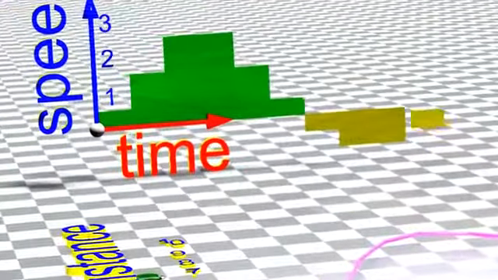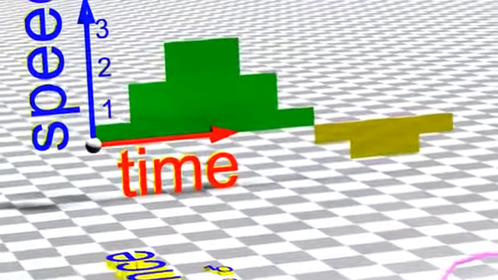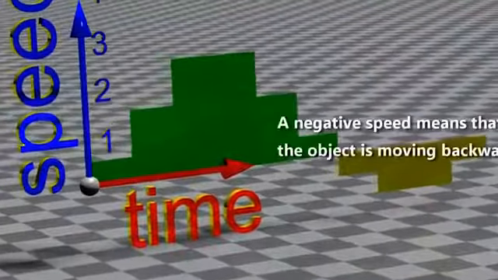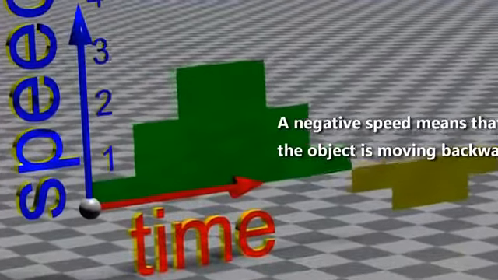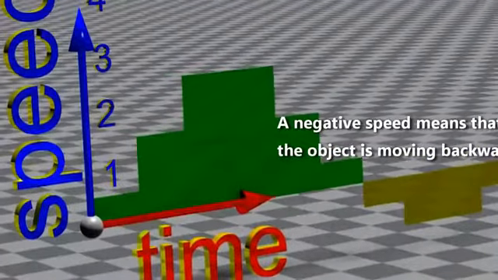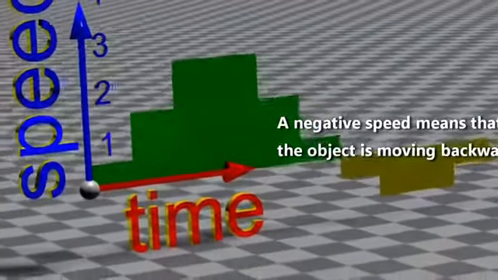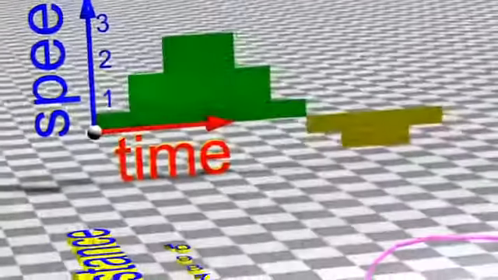A negative speed is represented by yellow rectangles. A negative speed means that the object is moving backwards. Let us once again add the areas of all the rectangles together.